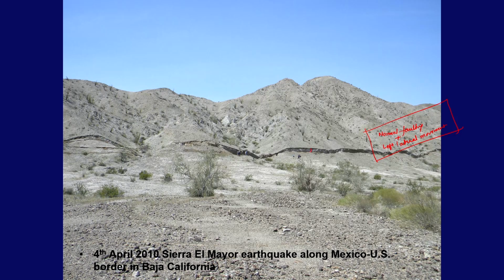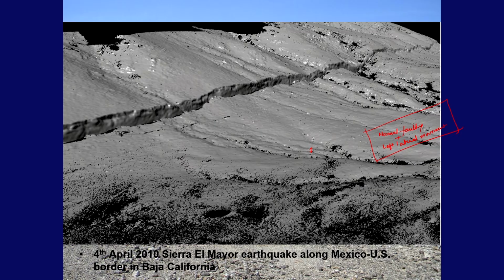So, this is a scarp here which is clearly seen, visible after the event, okay. And they have also done LIDAR, okay, mapping, and LIDAR mapping clearly shows what we were talking.